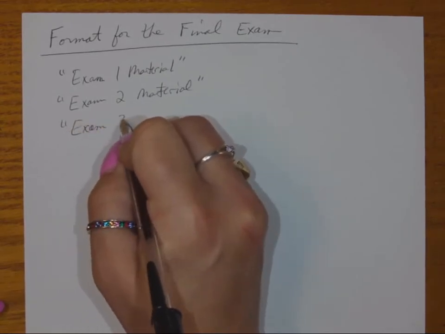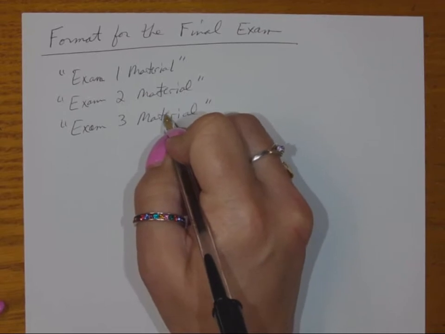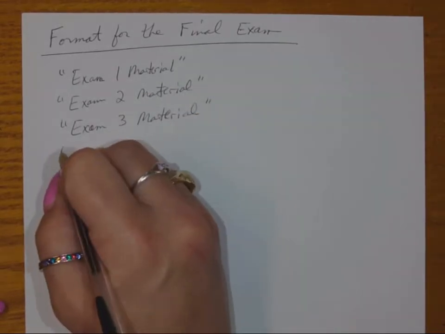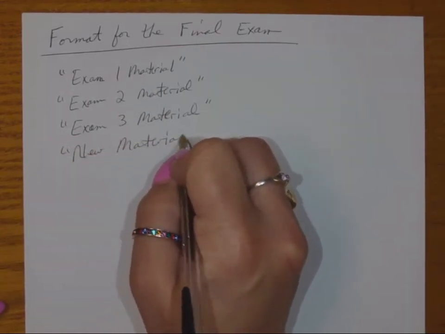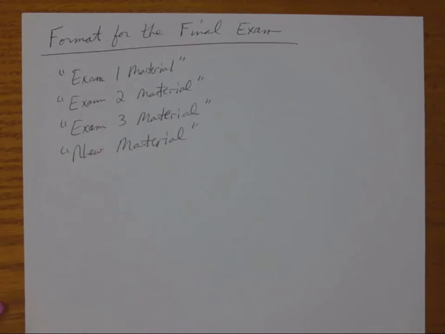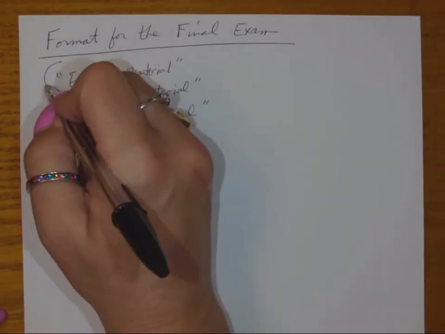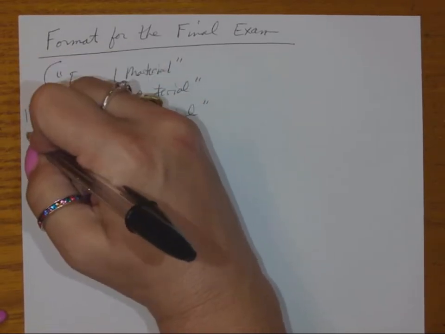It just depends on how the material was split up. Most of my classes either have 2 exams or 3 exams. And then if there was some new stuff tagged on at the end, there would be a new material section as well. Okay, so all of this together averages out to be 100% of your final exam.